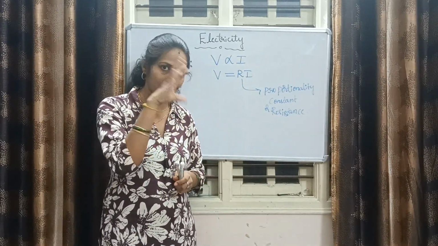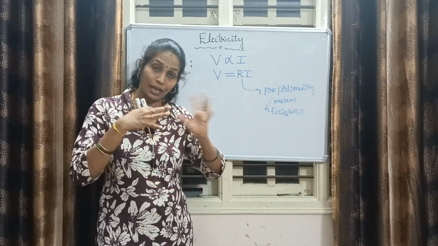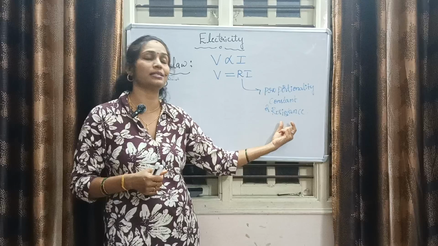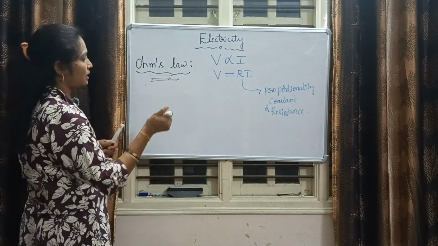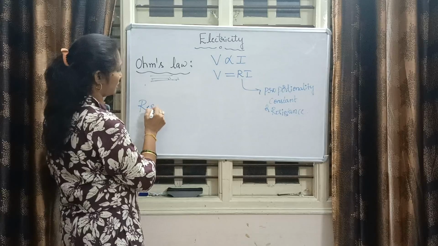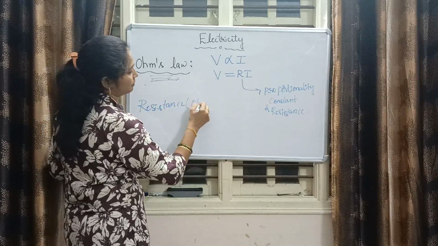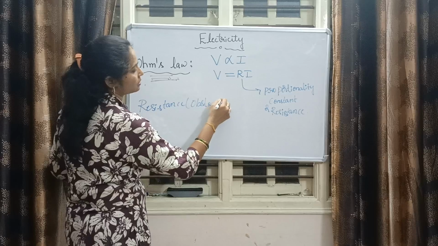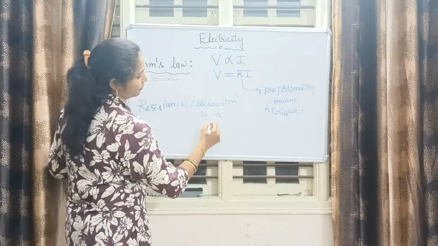When the current is flowing in a circuit, definitely there is a lot of disturbance. That obstruction is called resistance. Resistance is nothing but an obstruction. Obstruction means disturbance in a circuit.